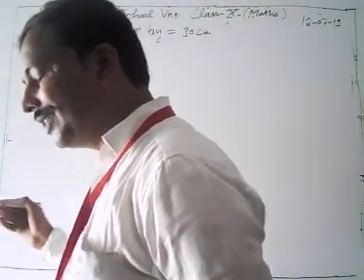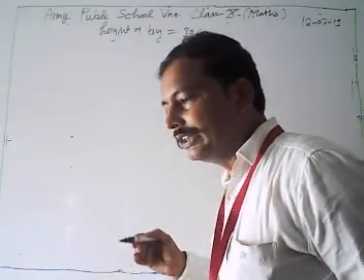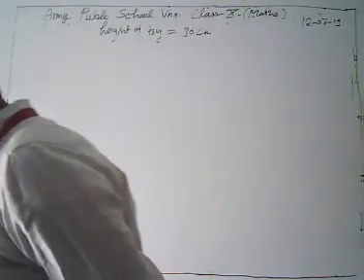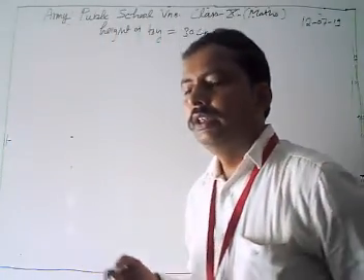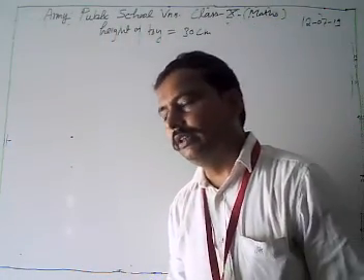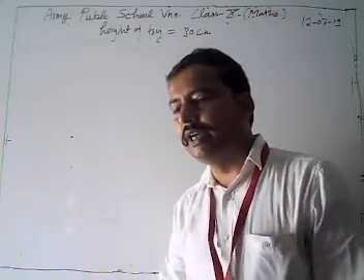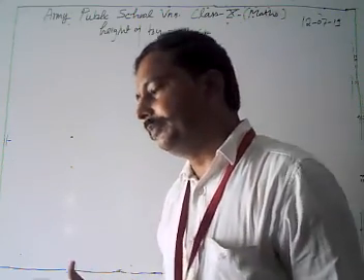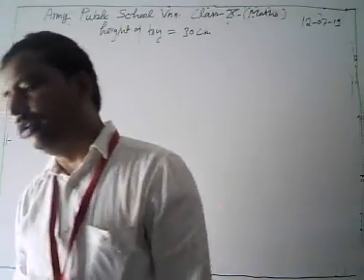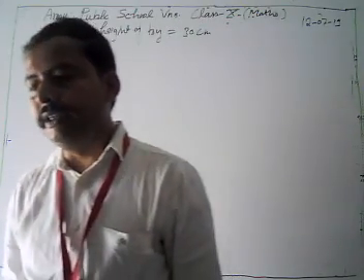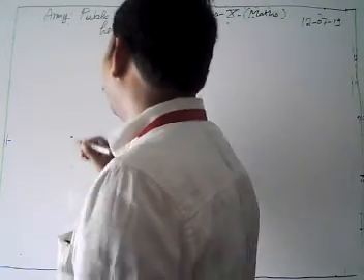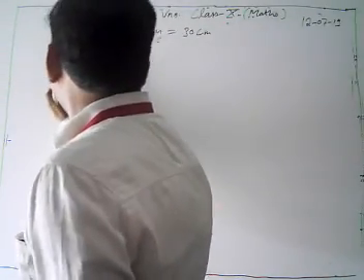A toy is in the form of a right circular cylinder with a hemisphere on one end and a cone on the other end. The toy has a cylindrical shape, with a hemisphere on one end and a cone on the other. First of all, we are going to draw a rough figure.